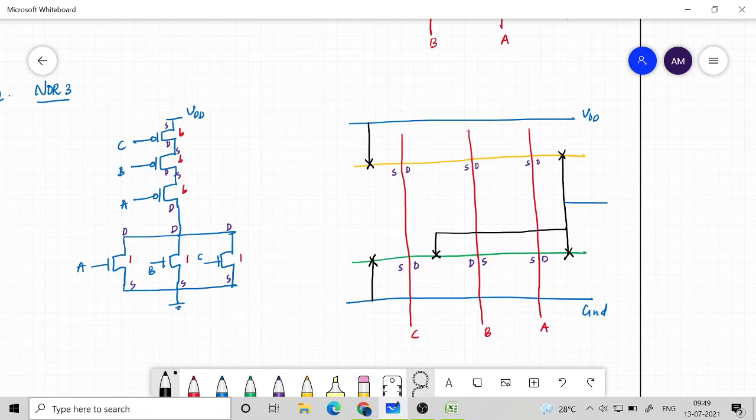Okay, so this is how, here one shared diffusion region is there, but here there is a shared diffusion with the contact. So whenever there is a contact, the spacing will be larger, and accordingly the capacitance will go up.